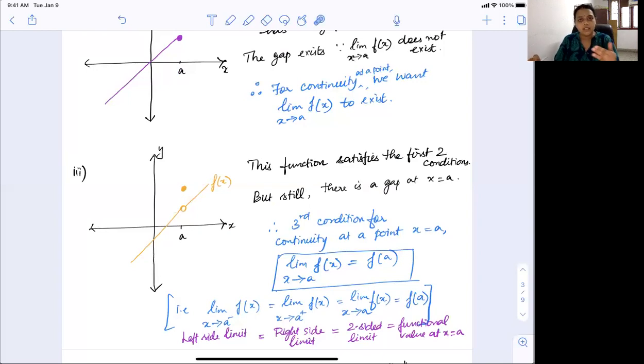So that brings us to the third condition, that a limit needs to exist and a functional value needs to exist at A, and these two have to be equal to each other. That is, the limit of f of x as x tends to A should be equal to the functional value at A. And that's the final condition.